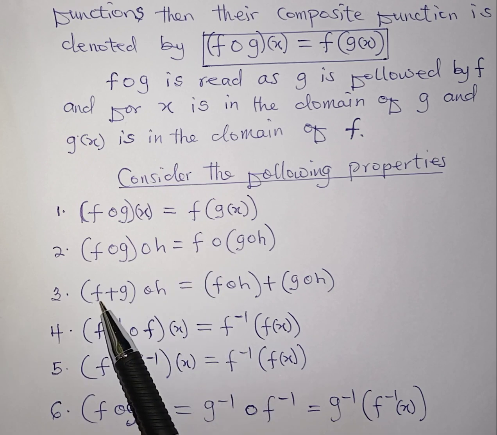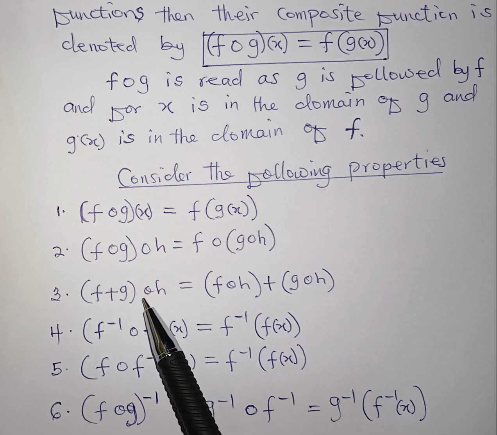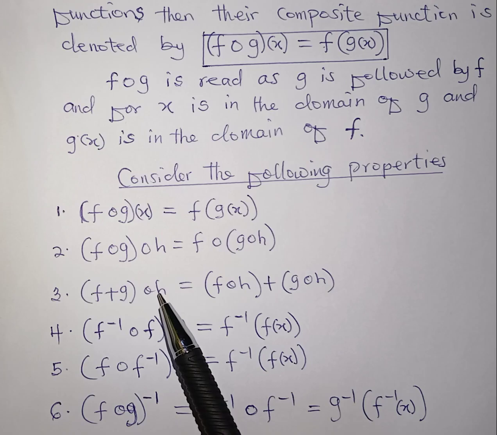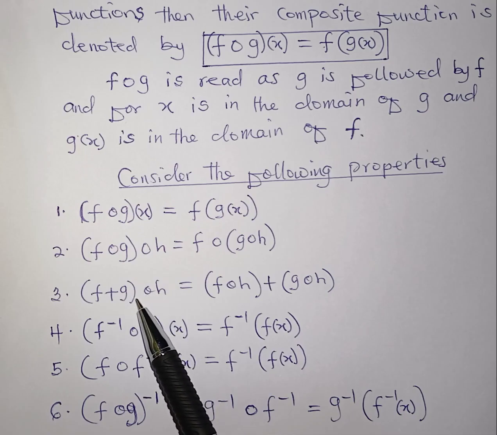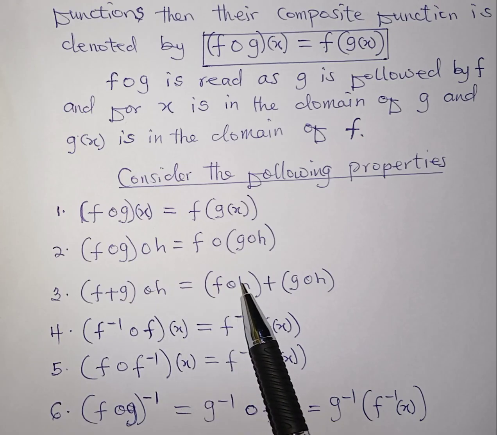Now let's look at the addition property. We can also have a subtraction property. For the addition property, it is like what we call the distributive property. Remember when we were doing binary operations, we talked about the distributive property. This property is in the form of a distributive property.